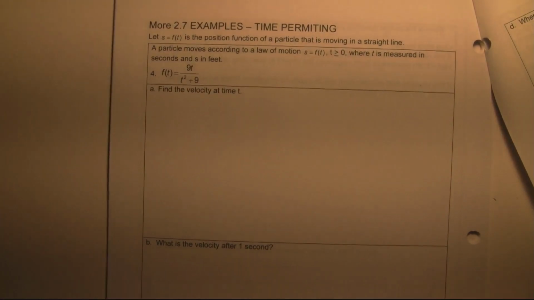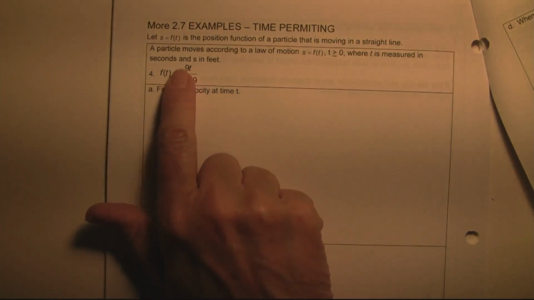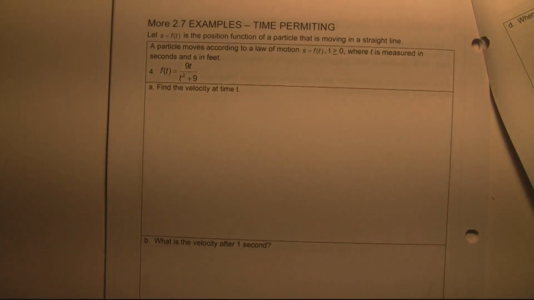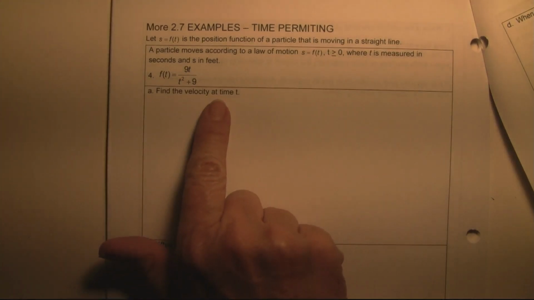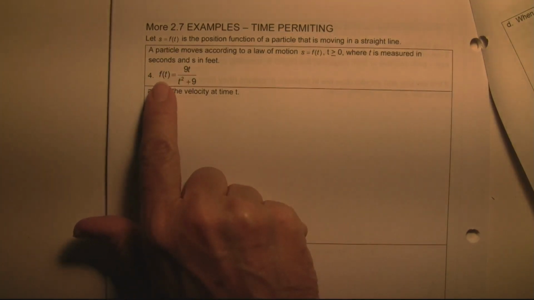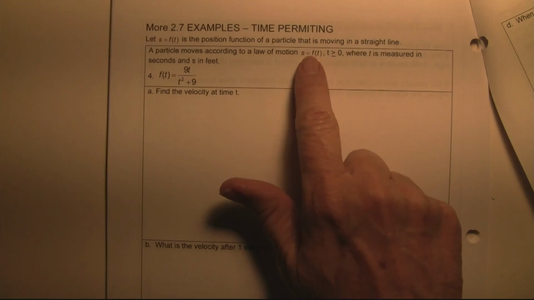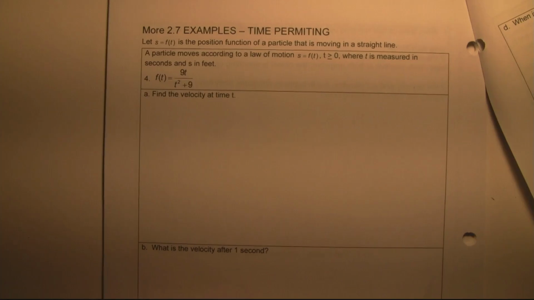So we have this function that's our position function, and what they're wanting us to do is find the velocity. They're saying that s equals f at t, which is our position function right here, and t is greater than 0, and this is going to be measured in feet and seconds.